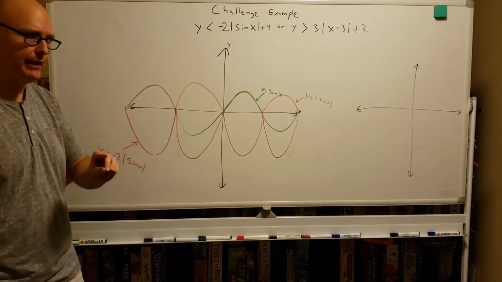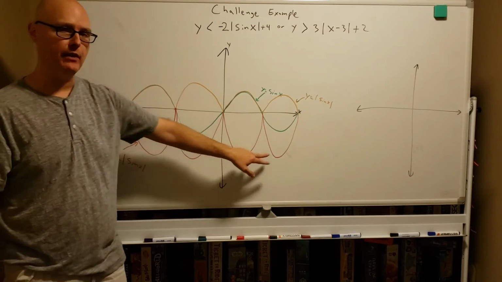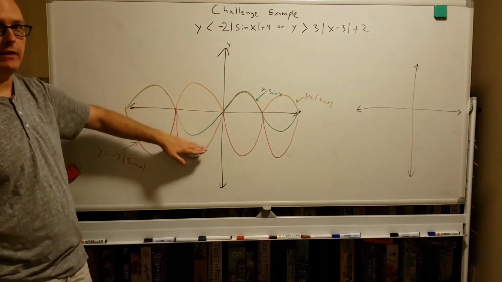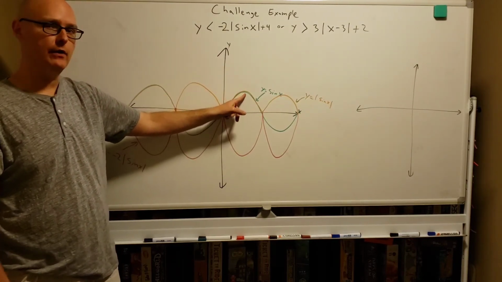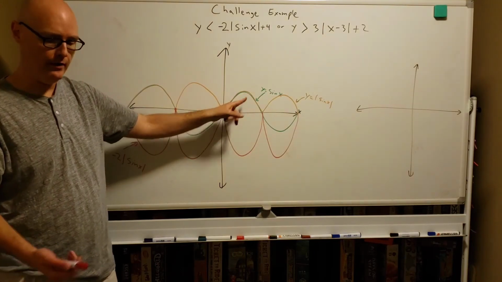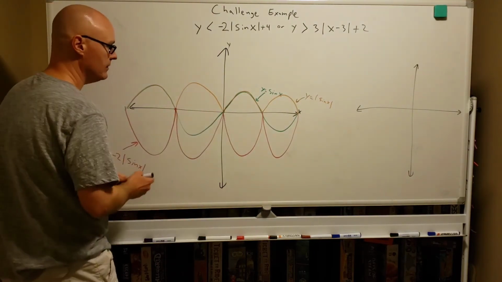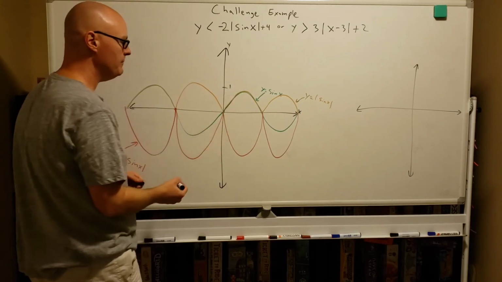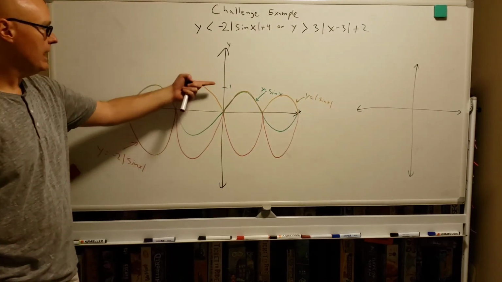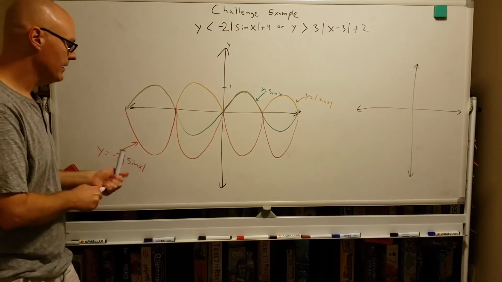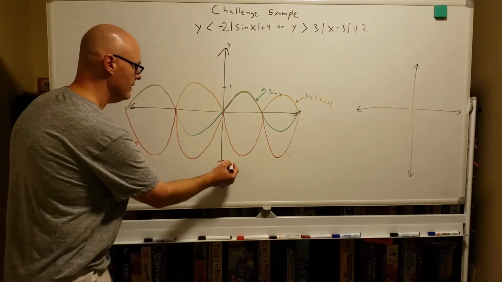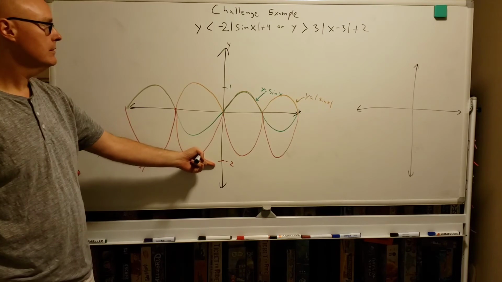So now it's going to be a little tricky, right? Because we want to know exactly where these points are numerically. All right, so if we know that the maximum value of sine of x is 1, this was 1. When I multiplied by -2, that got me to -2.